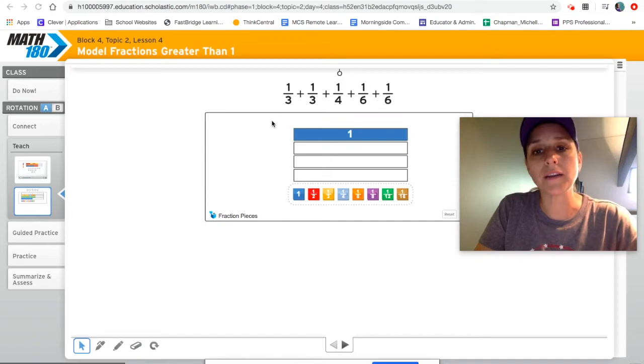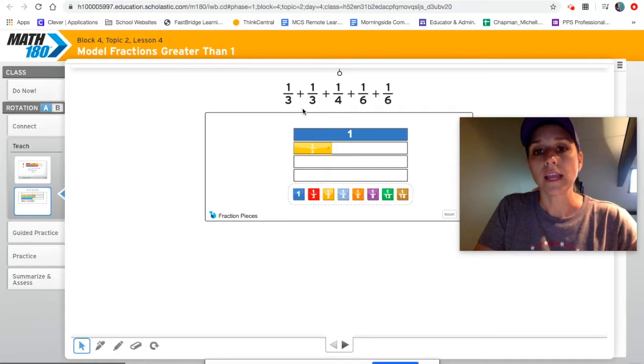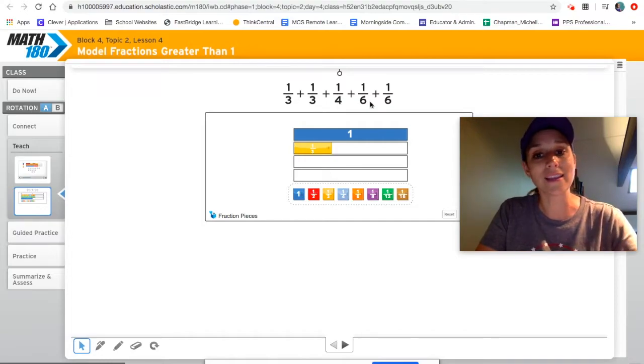So if we look here, this equation asks us to add 1/3 plus 1/3 plus 1/4 plus 1/6 plus 1/6. Right away, I can see that my denominators are not the same, so I'm going to need to find equivalents to each of those. I can see that 3 and 6 can share 6 as a denominator, but 4 cannot, because I cannot count by 4s and get to 6.